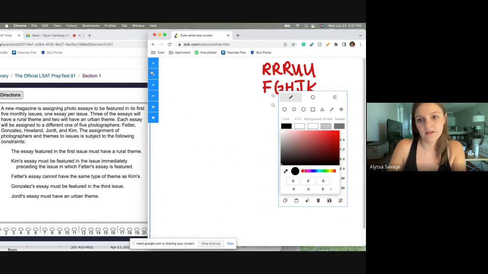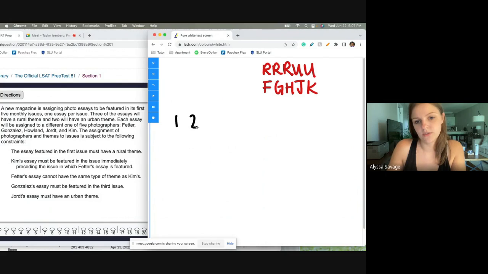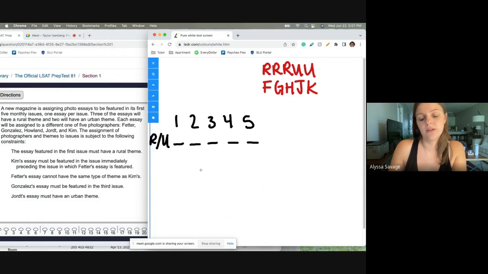So we're going to have 1, 2, 3, 4, and 5. We have our 5 spots. One line is going to be figuring out if it's rural or urban. And our other line underneath it is going to be our photographers.